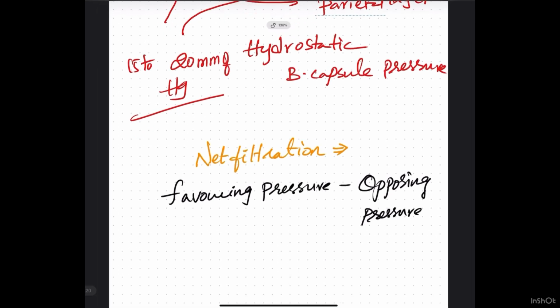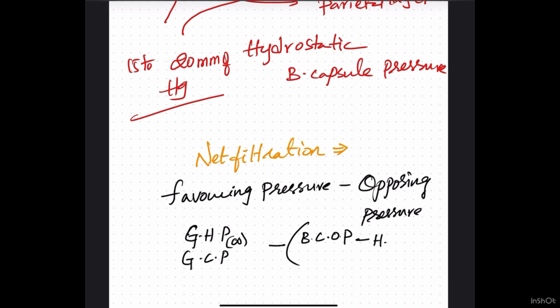The favoring pressure here is GHP, the glomerular hydrostatic pressure, which can also be called GCP, glomerular capillary pressure, minus BCOP, blood colloidal osmotic pressure, minus the hydrostatic pressure of Bowman's capsule.